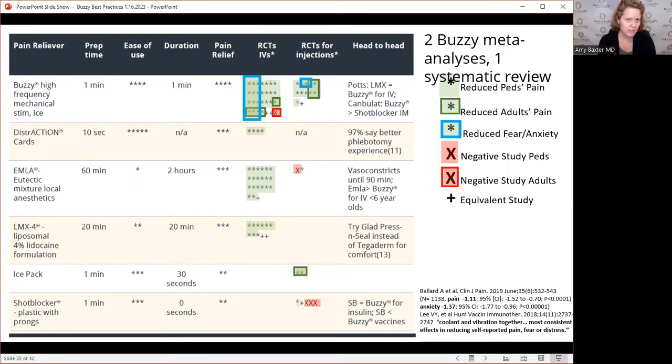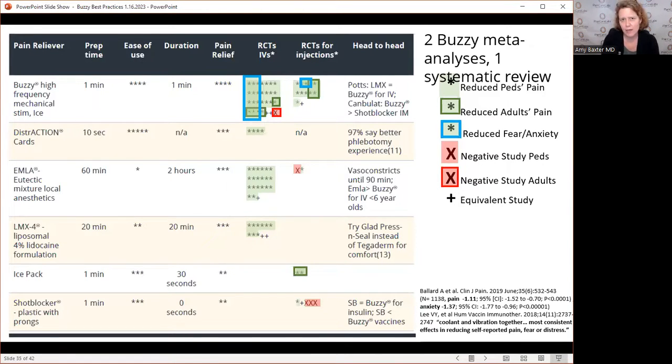We don't have specific data on that. We do have data for injections in the plantar foot in adults, and it is statistically significantly better than cold spray. So yes, it should work, but we don't have specific data. It is safe in neonates. It is being used for CPT, for chest physical therapy, but again, there's no specific data on that.